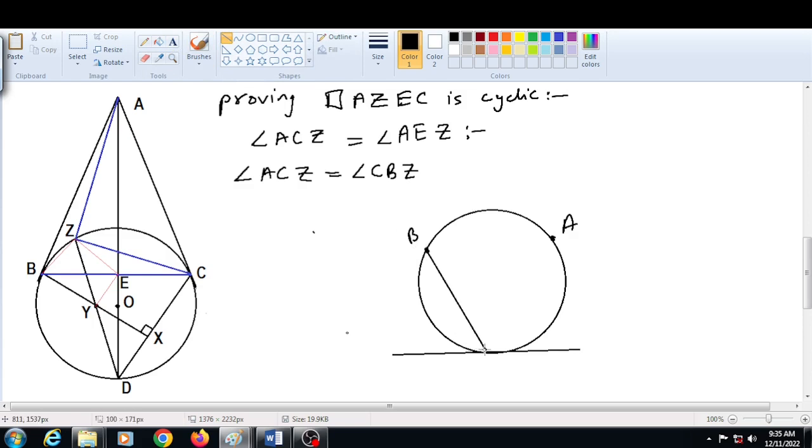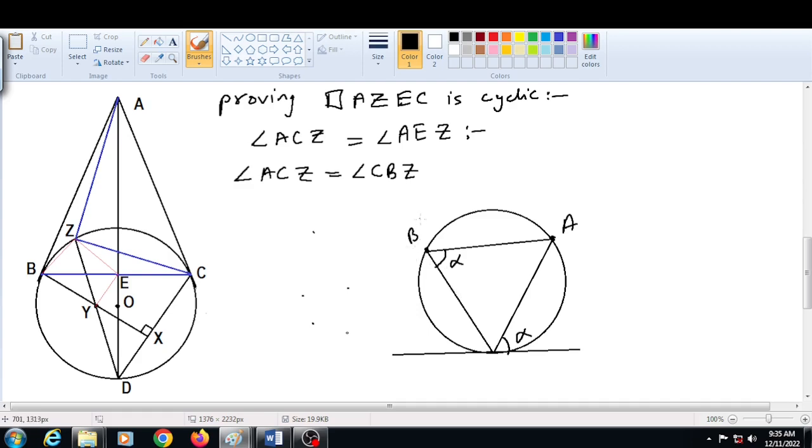You connect this segment over here and you connect this segment over here, and you connect this segment as well. Now the property is this angle is going to be equal to this angle. So if this angle is alpha, this angle is also alpha. This is true for any circle.